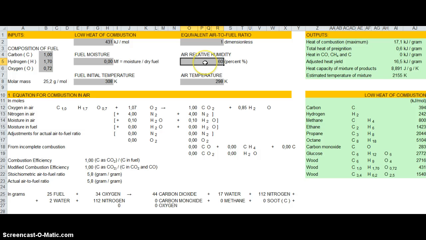And of course, if you decrease that percentage of relative humidity in the air from 60 to 20%, the estimated temperature of the mixture would increase much more strongly. So there is less moisture in the air, and of course the temperature will increase substantially.